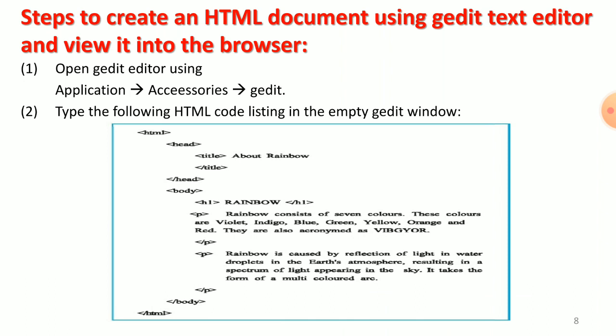The gedit is a general purpose text editor for the GNOME desktop environment, a part of a project called GNU, free software, and is also available on Macintosh operating systems and Microsoft Windows.